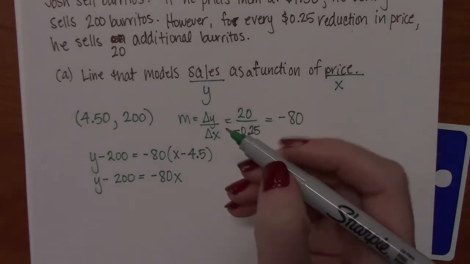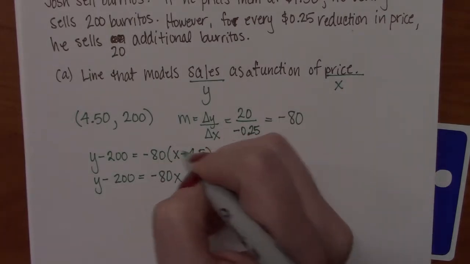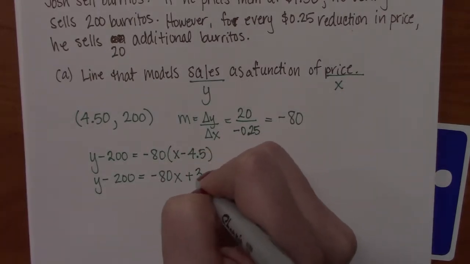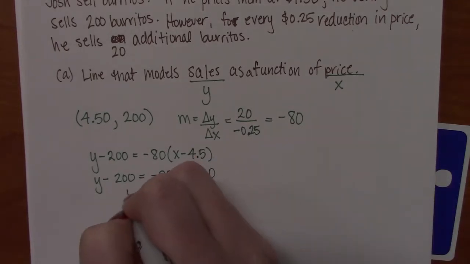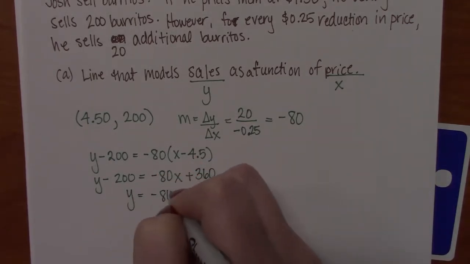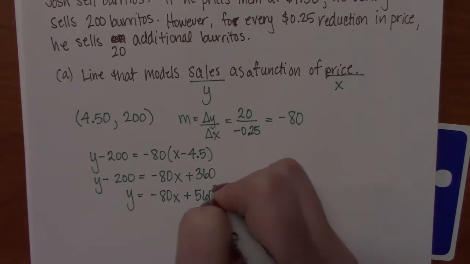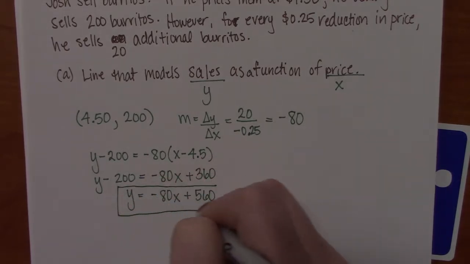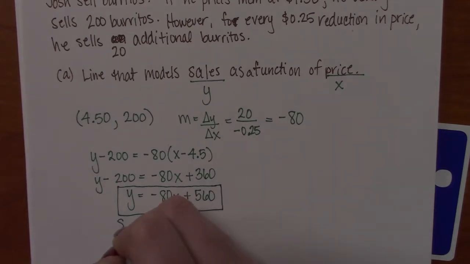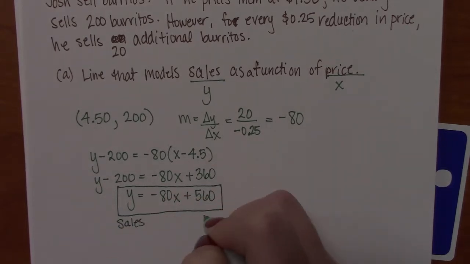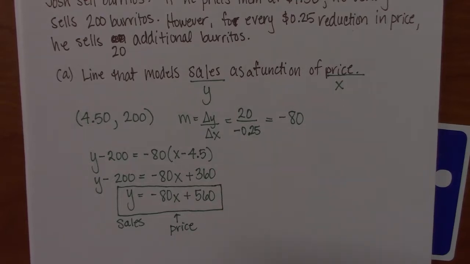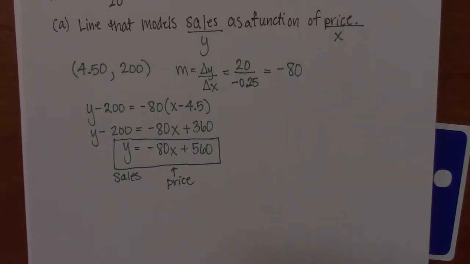Negative 80 times negative 4.5, excuse me, is positive 360. And then I add 200 to both sides. So this equation models sales as a function of price. So price goes in and sales will come out.